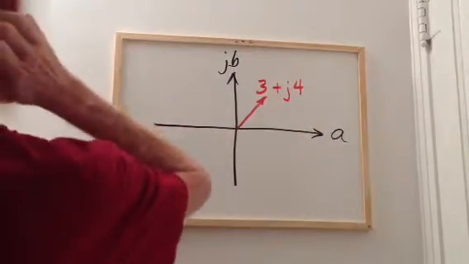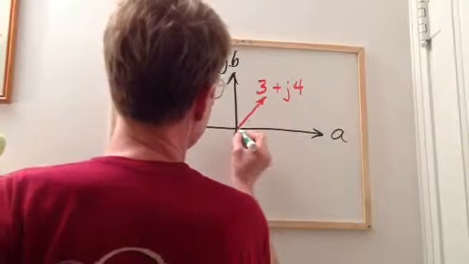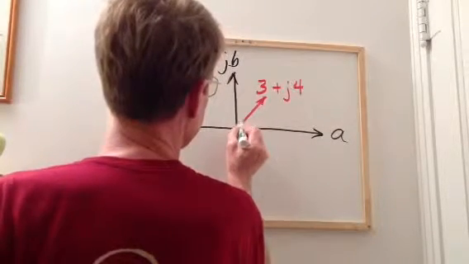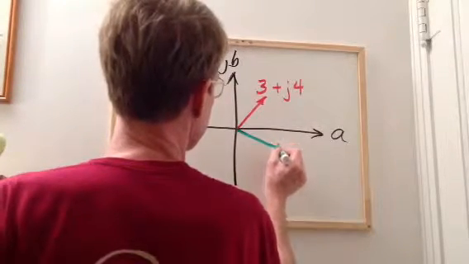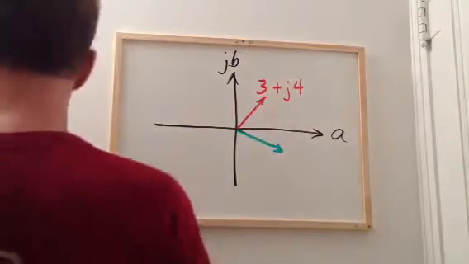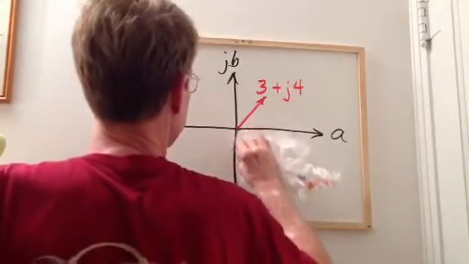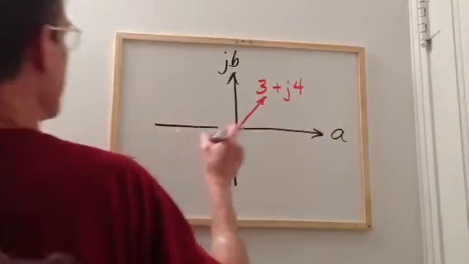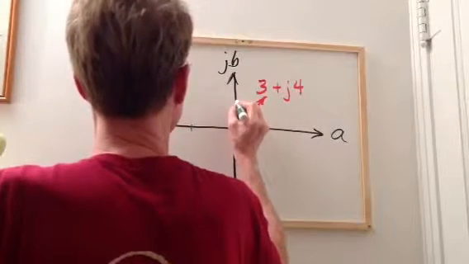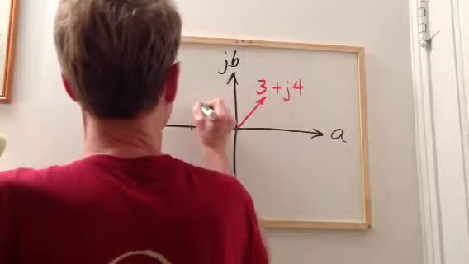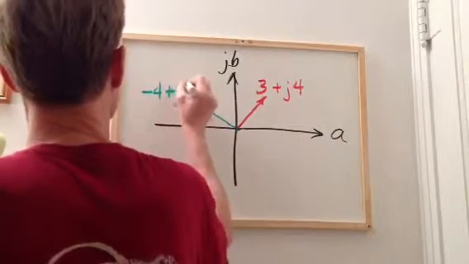And -4 plus J3 will go down, let's see... I've got that messed up. -4 goes out this way, plus J3 goes up like this. -4 plus J3.